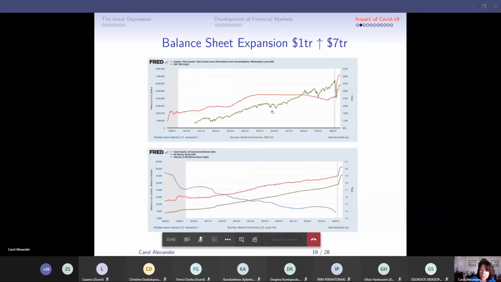And the green line is the S&P 500. The NASDAQ has actually reached an all-time high, but these markets are moving in complete dislocation to what's happening in the economy. More about that soon.